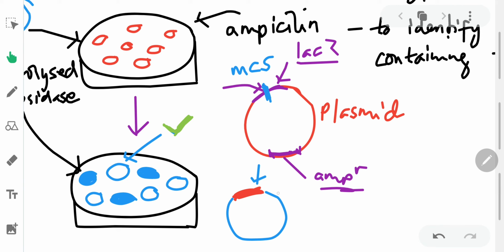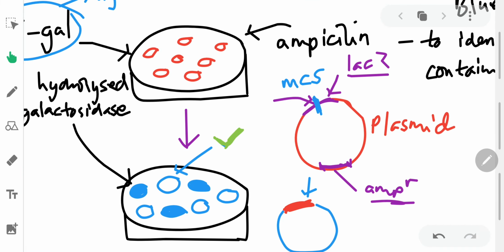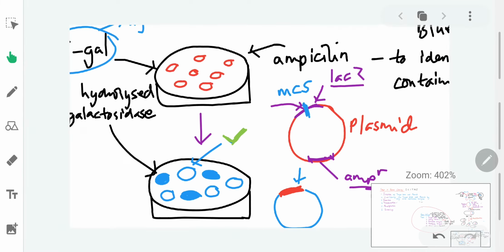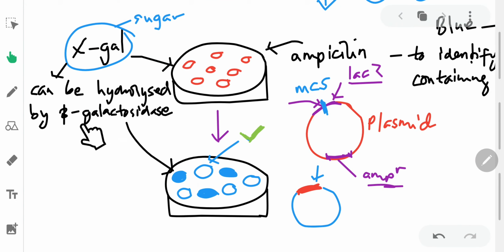So what I want to say is, when we cut the plasmid, it actually interrupts the sequence of bases in the LAC-Z gene. The LAC-Z is interrupted. When LAC-Z is interrupted, of course it can no longer produce this enzyme beta-galactosidase. When we disturb this LAC-Z gene's base sequence, it can no longer function as usual, cannot produce beta-galactosidase, so it cannot hydrolyze the X-gal.